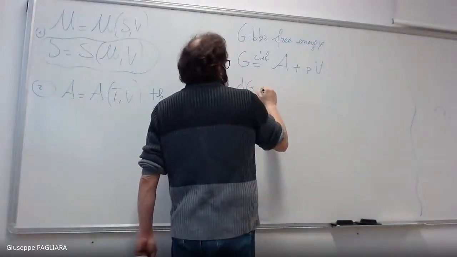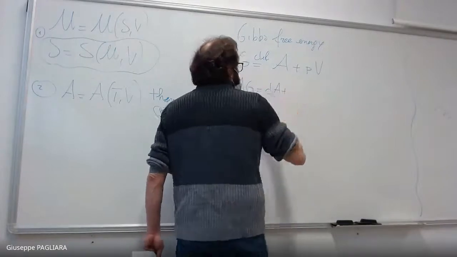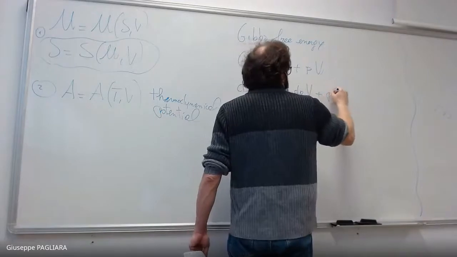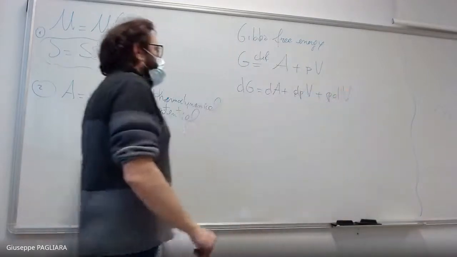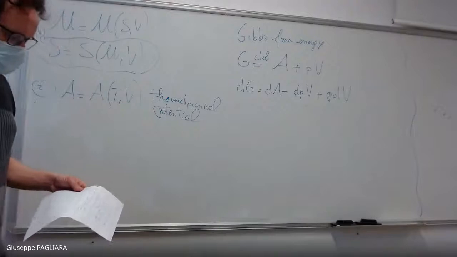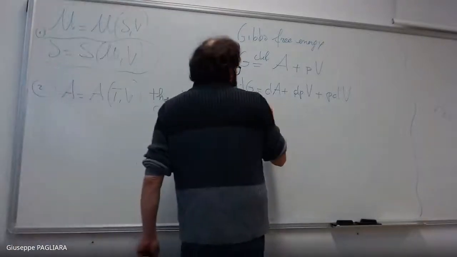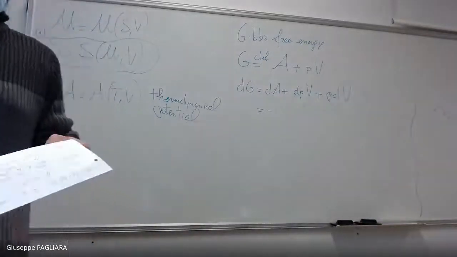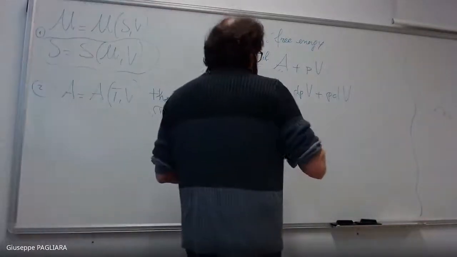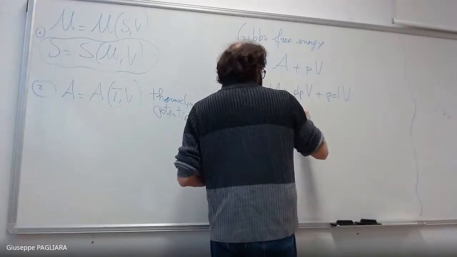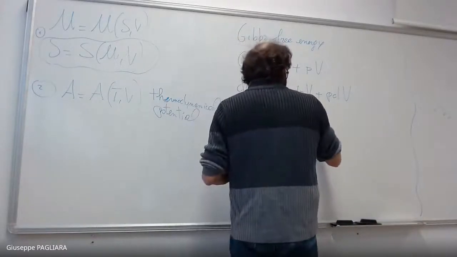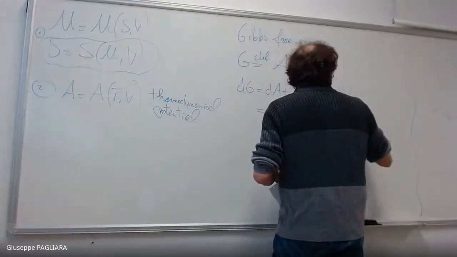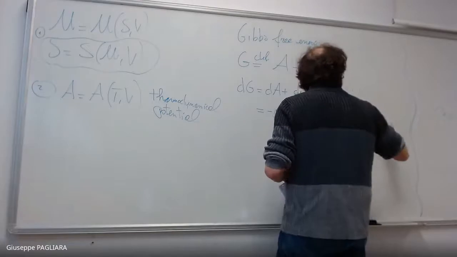Indeed, dG is equal to dA plus P dV plus V dP. And dA was derived before. It was minus P dV minus S dT, so dG is equal to minus P dV minus S dT plus V dP plus P dV.